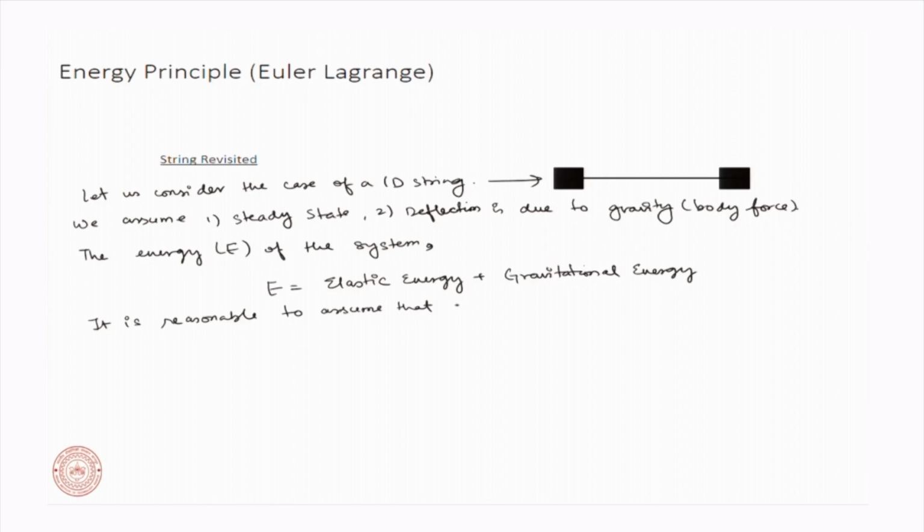So, it is reasonable to assume that the elastic energy is due to the change in the length of the string, right. So, it is under tension, it is weighing down, it is causing some strain or some displacement in the body. That change in length is what is leading to the elastic energy, right. So, elastic strain energy, you know very well, is half into stress into the strain. So, any change in length or any strain is causing the elastic energy.